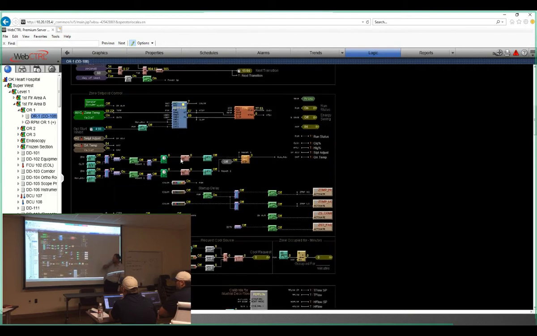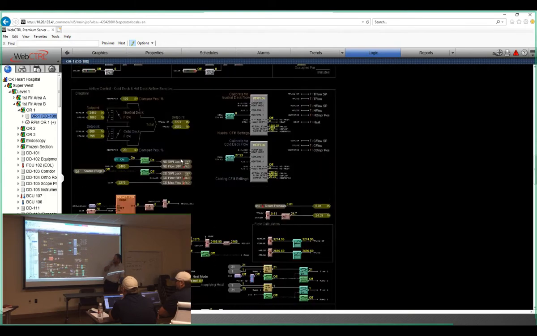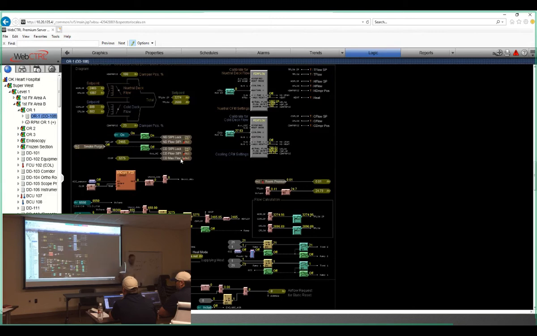If you scroll down some more, Joe, there it is. Over here on the left side of the page, you can see our space volume. We measured it as 6,550 cubic feet, and that's a set point that we put in there.